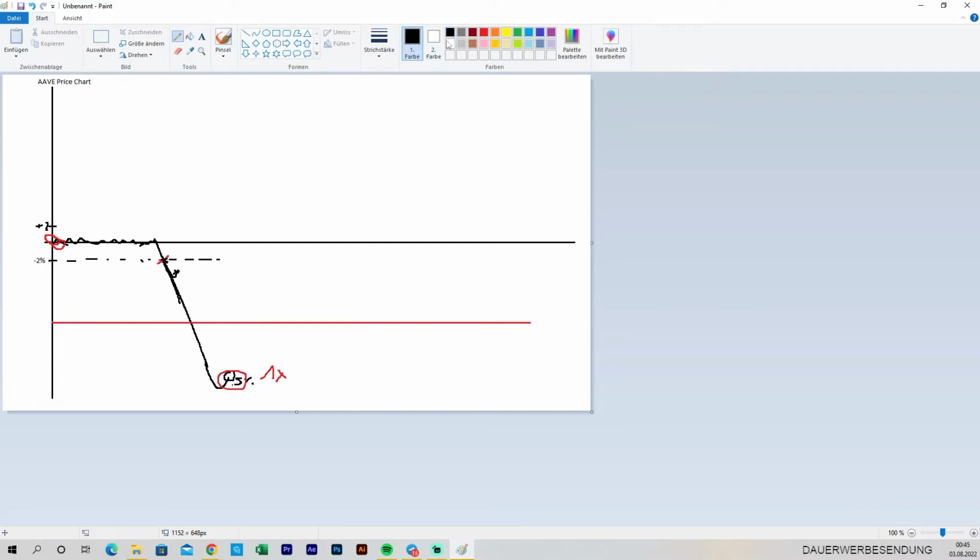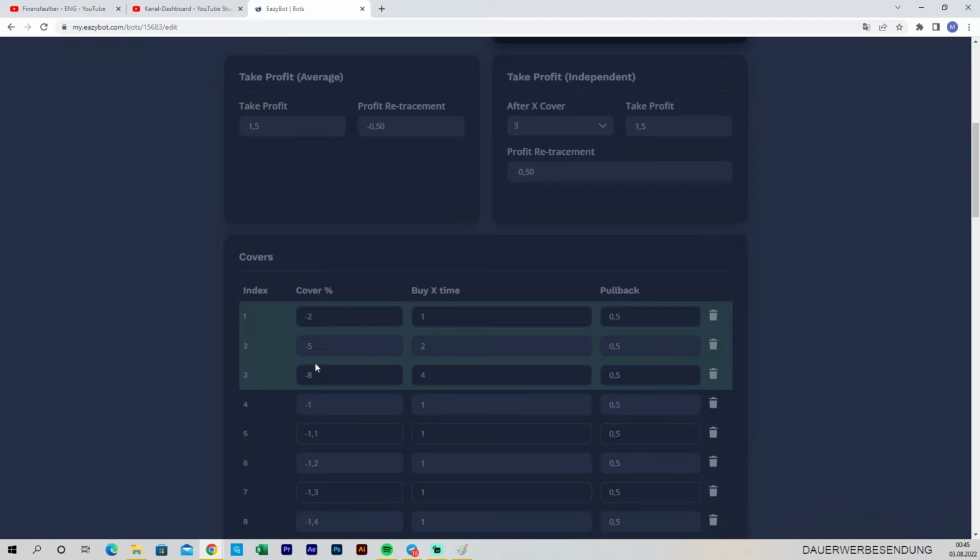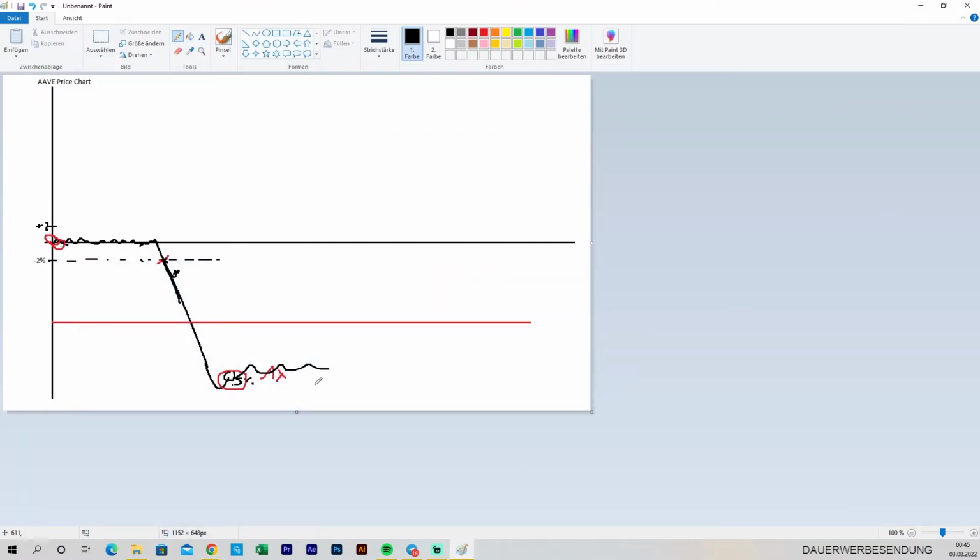It keeps on going, and then we see the next buy is at minus 5%, 2x. We need a difference between this buy right here and the next buy down here of minus 5%, and then it would buy 2 times.